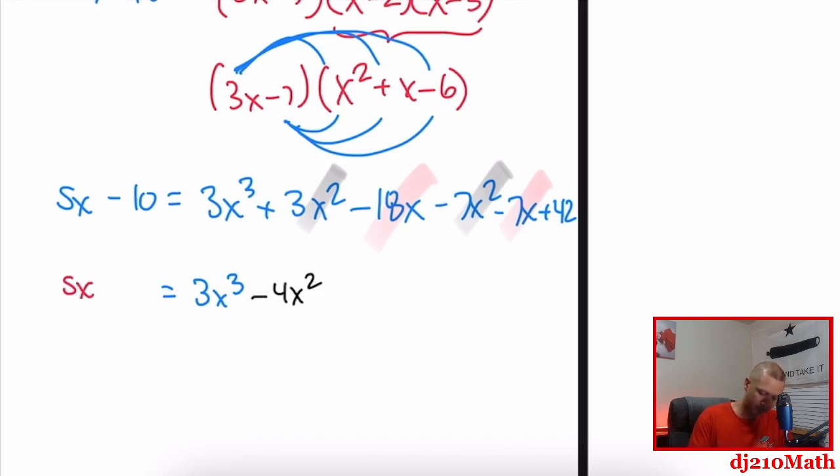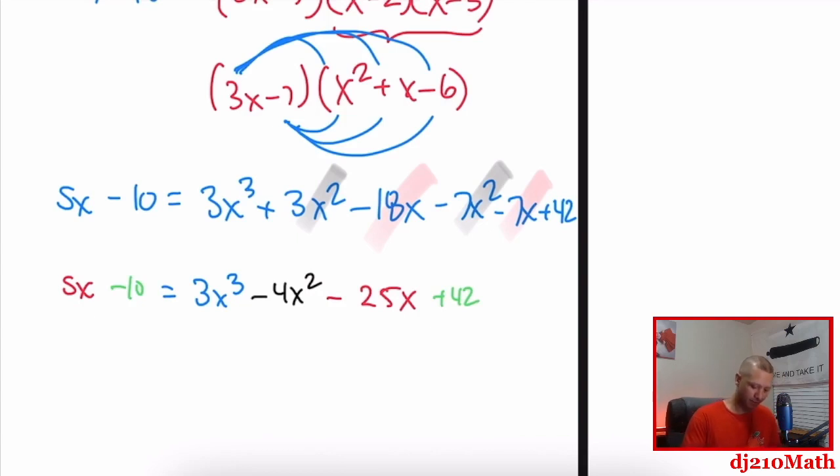So 5x. Right, technically it's on the left side. I'm not going to forget about it. Negative 25x and then the coefficient plus 42 and then minus 10 on the left.